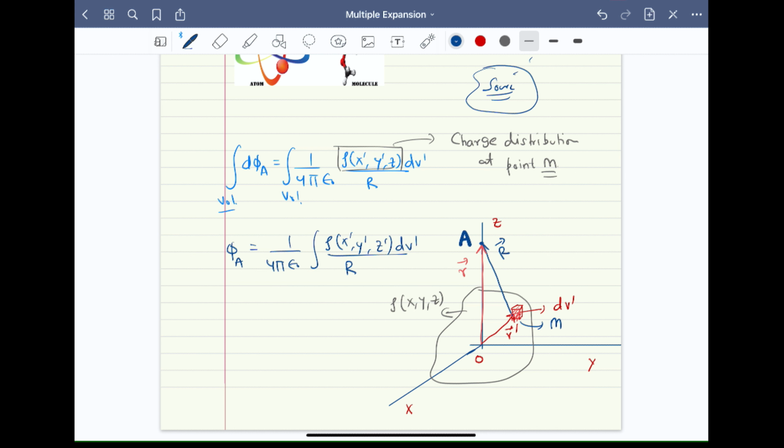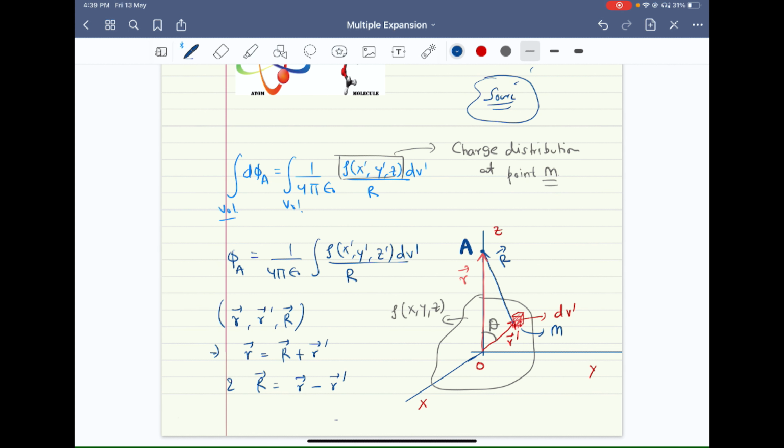And also we have a vector identity between these three objects, which is small r vector is equal to capital R vector plus r prime vector, and R vector can be written as r minus r prime.